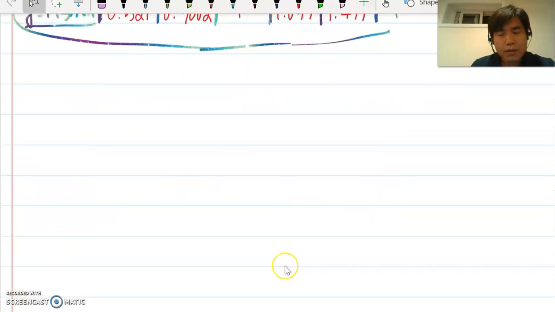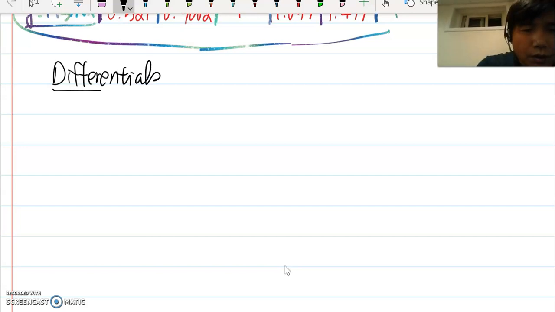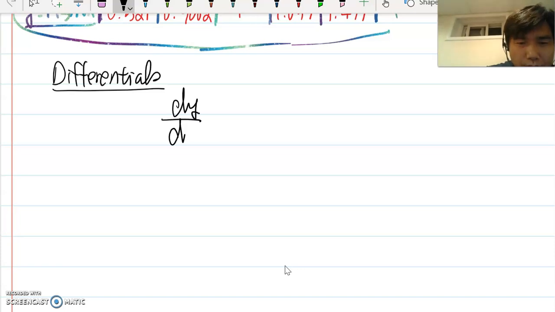Okay, then let's extend this concept a little bit further. This time we'll talk about differentials. You know that for the derivative we can write the notation dy over dx.